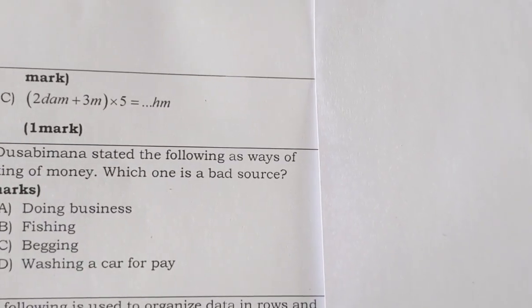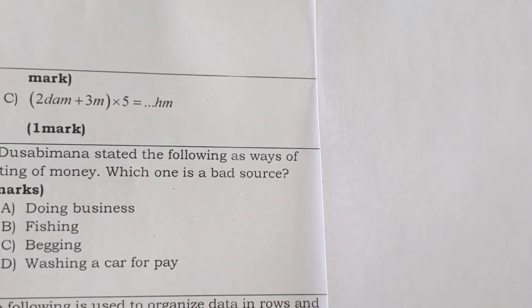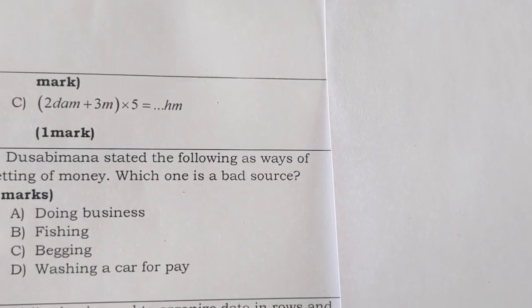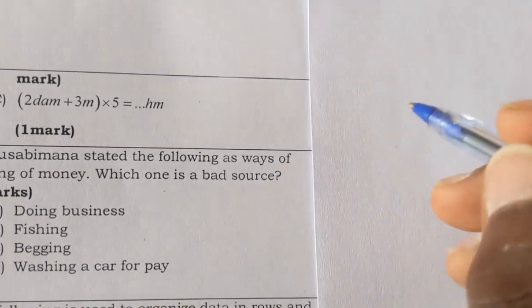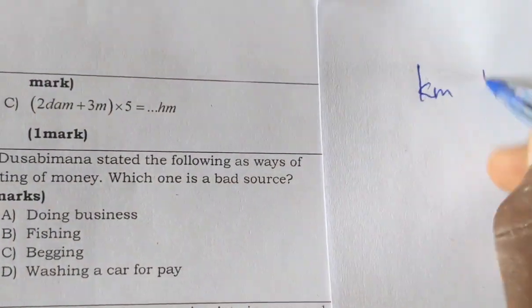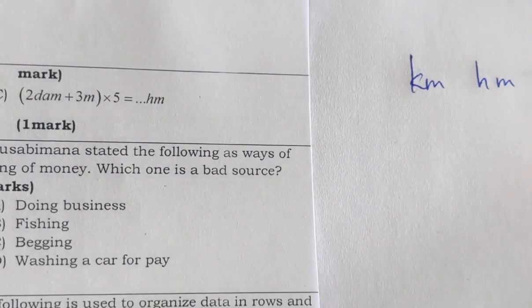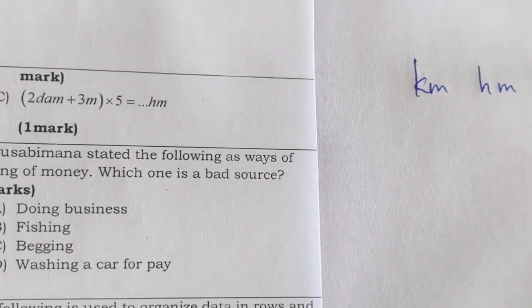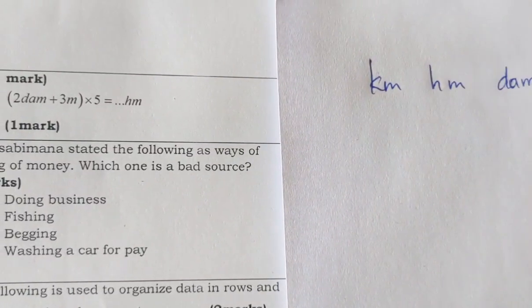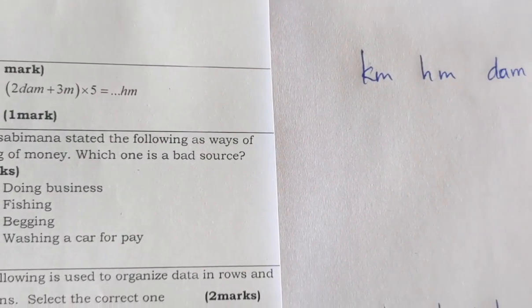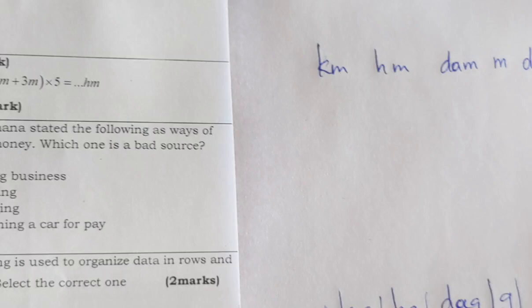Then here I have 2 decameter plus 3 meter, times 5. Then how many hectometers are there? To mean here we get kilometer, hectometer, decameter, meter, then decimeter, centimeter, and then millimeter.